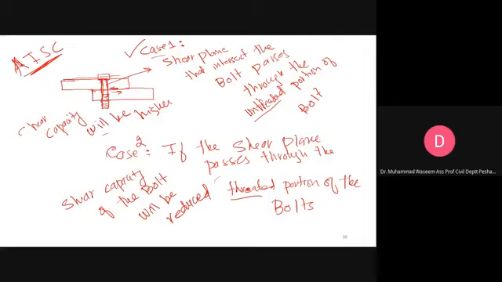And if it is case 2, the shear capacity of the bolt will be reduced. This is according to the AISC specification. Is that clear to you now? Yes, sir. It's clear now.